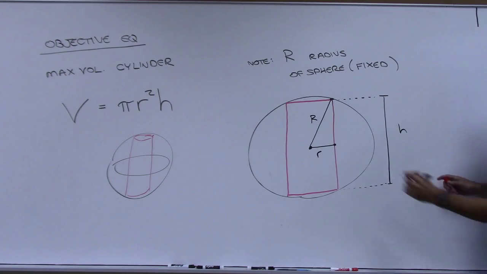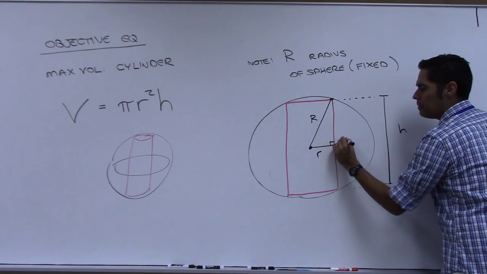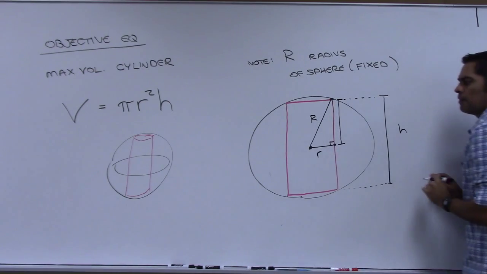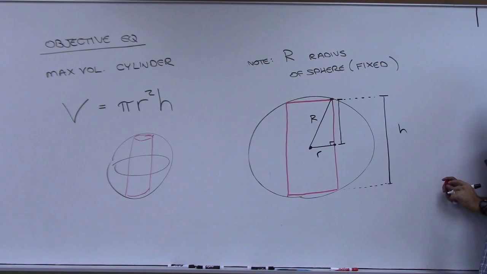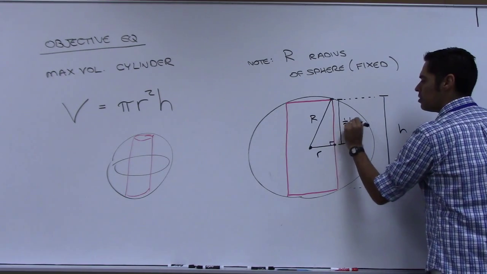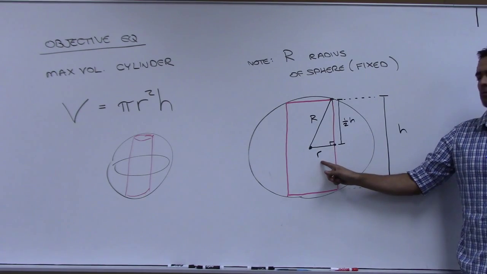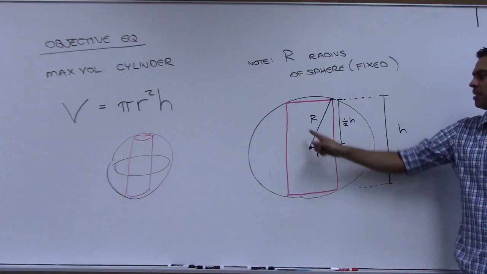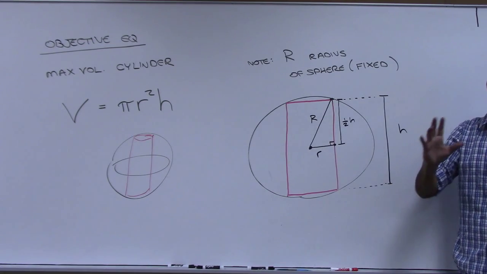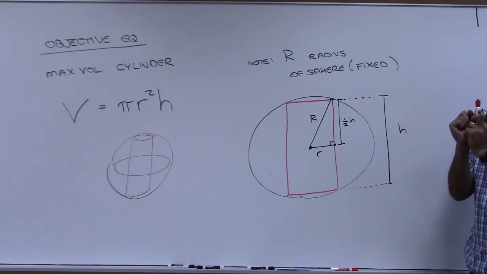I have a right triangle, and I actually know this side from here to here is half of h. Do I have a relationship now between little h and little r? Yes, but it's in terms of capital R, but that's okay, because capital R in this problem is going to be a fixed number. That may as well be 100. It doesn't matter, it's fixed.